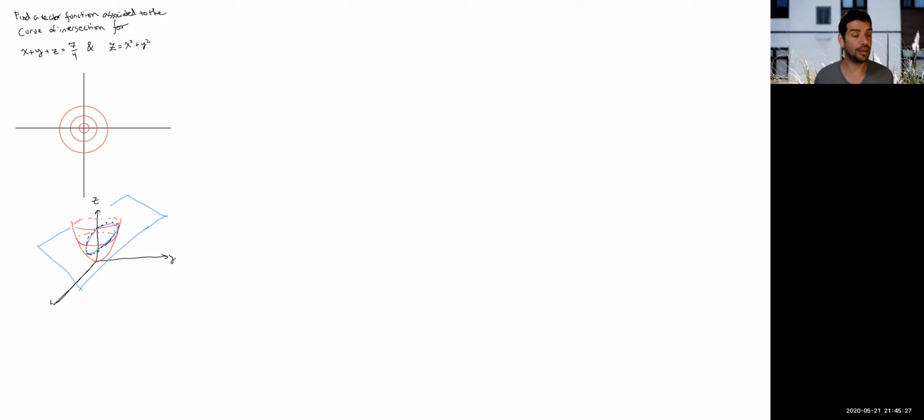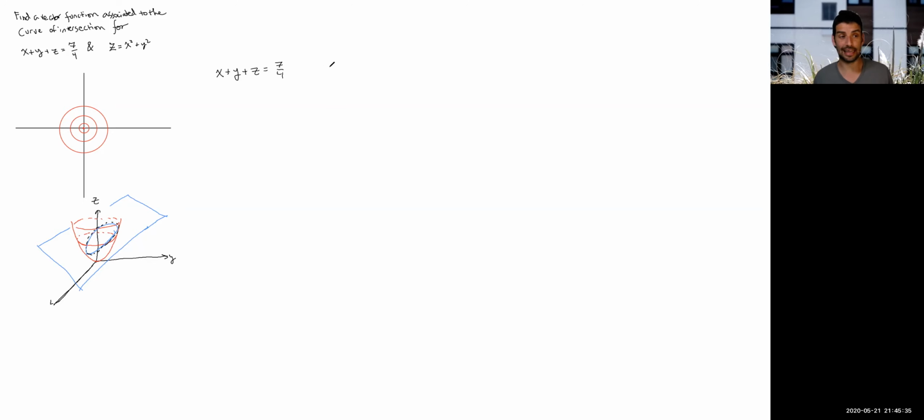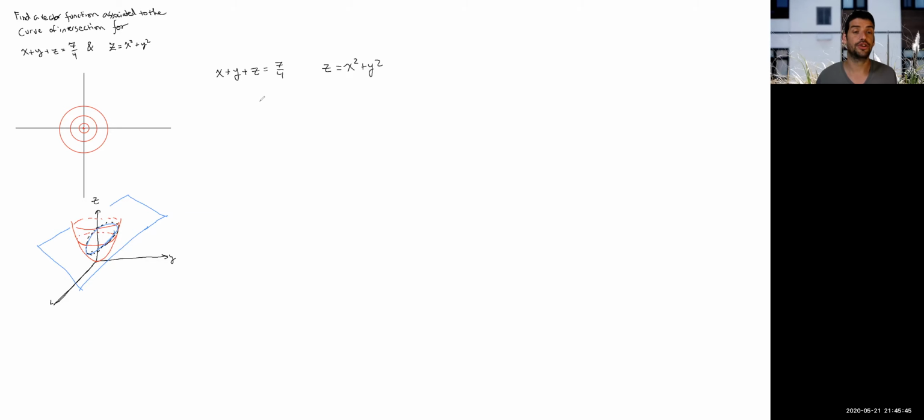So for any point on this curve, it must be the case that x plus y plus z equals 7/4. And at the same time, those same three coordinates must abide by this relationship. So at these points, and nowhere else, both of these are true, which means I can substitute z equals x squared plus y squared into this equation, right?